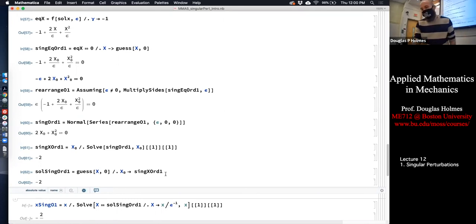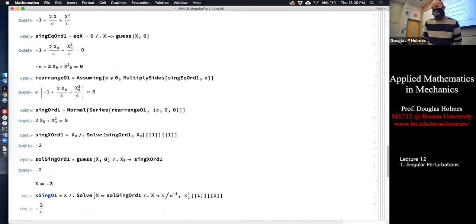So what that means is we have to say, okay, this equation here is our way of saying that x is equal to -2, right? Because initially we're saying x is equal to x naught plus epsilon x1 plus ... But we're looking just at the order 1 solution, which means we take epsilon to 0. So we are left with this. This thing here is this.